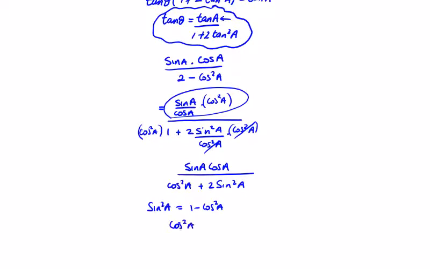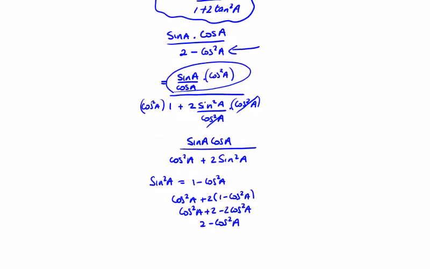So the bottom becomes cos squared alpha plus twice 1 minus cos squared alpha, which will be cos squared alpha plus 2 minus 2 cos squared alpha, which is 2 minus cos squared alpha. So that's what we were looking for up here. So just to tidy it up then, therefore tan theta is equal to the top, sine alpha cos alpha, over the bottom, which we got to be 2 minus cos squared alpha. So you should have a bit of fun simplifying these questions down.